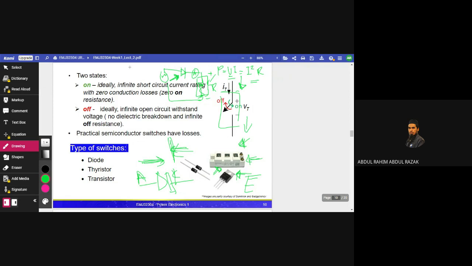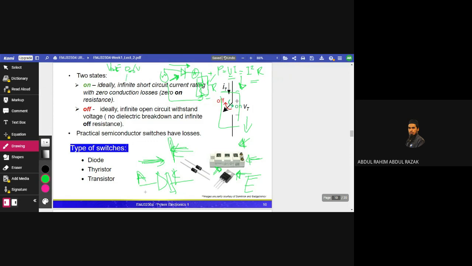Let's say for a generic diode we have 0.6 volt of voltage drop across anode to cathode during switch on. It means that any time current flows throughout the diode, the voltage drop, if we measure across the diode, is 0.6 volt.